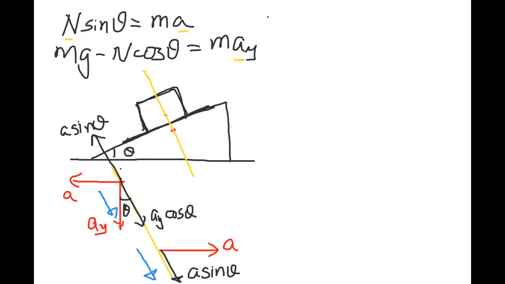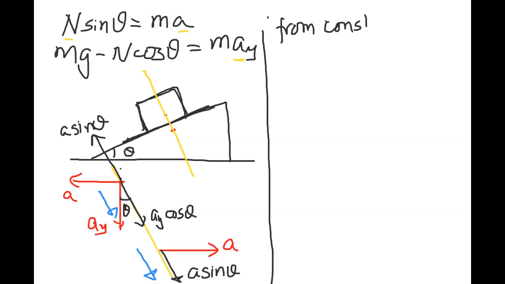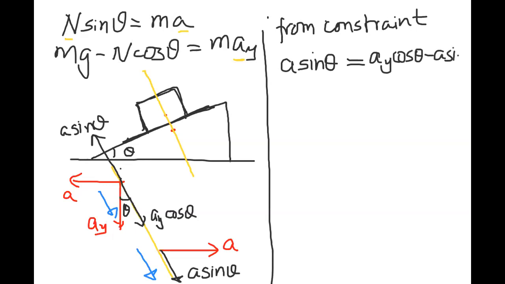So what does the constraint equation then give me? The constraint is that these two blocks are moving in contact with each other. We get A sine theta, this is the acceleration of the wedge along the yellow line, is equal to AY cosine theta minus A sine theta.